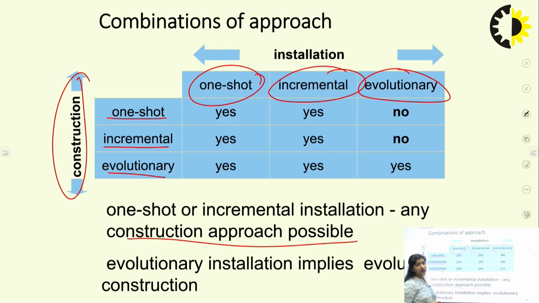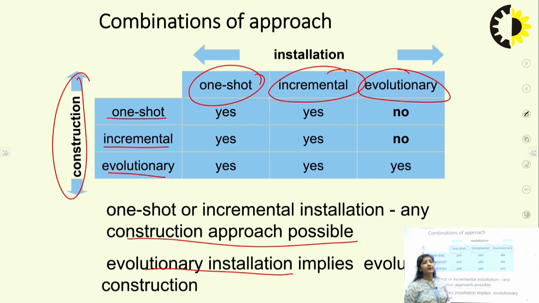For this, we can use any type of construction. Evolutionary installation implies evolutionary construction. So one shot and incremental can be combined, one shot and evolutionary cannot be combined, and incremental with evolutionary cannot be combined, but evolutionary can.